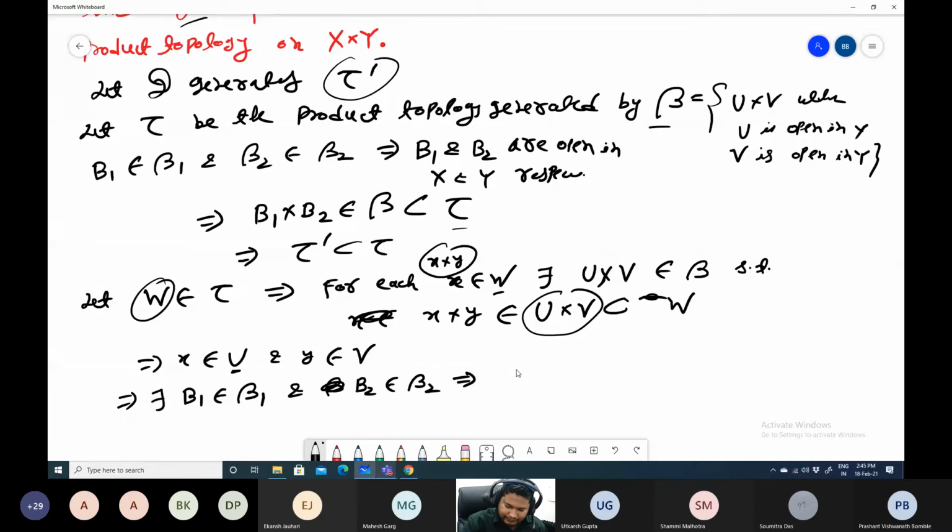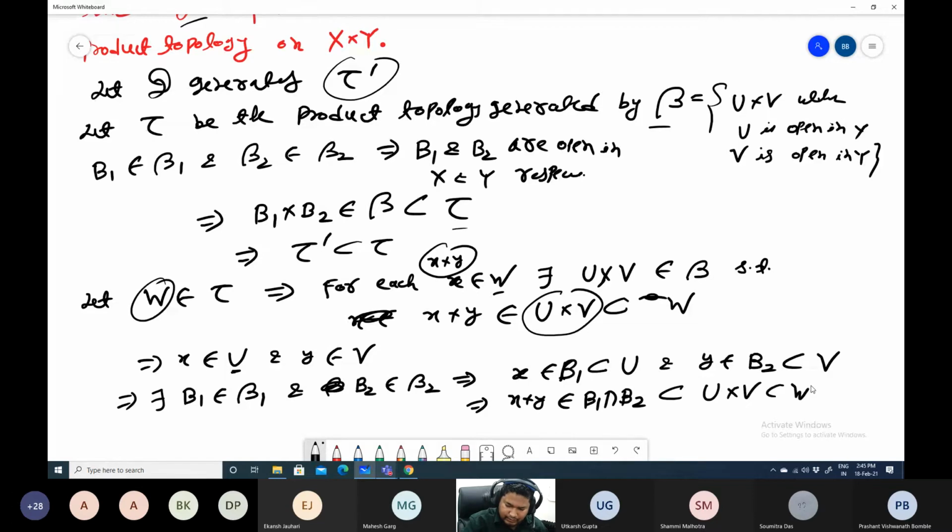That implies X belongs to B1 subset of U and Y belongs to B2 subset of V. That implies X cross Y belongs to B1 cross B2 subset of U cross V, which is W. So therefore you have an open set W, and if you take any element you get a basis element from the basis, right? So that implies W is an open set in tau dash.